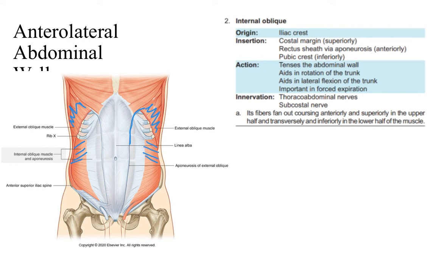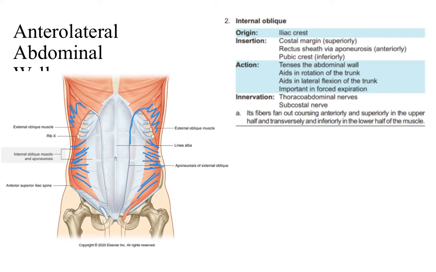And notice that these fibers run in different directions. Superiorly, they're running upwards towards the midline of the body. Then they reach kind of a transverse direction, and then they run in the same direction as the external obliques that are on top of them. The hands in pockets kind of scenario.